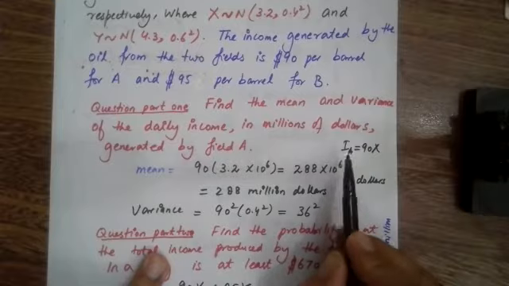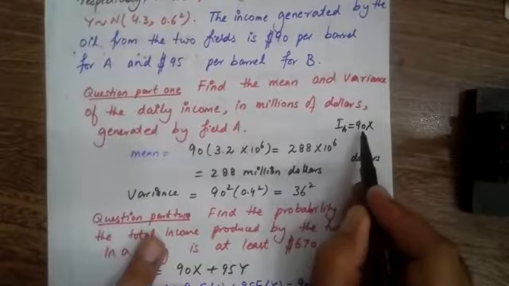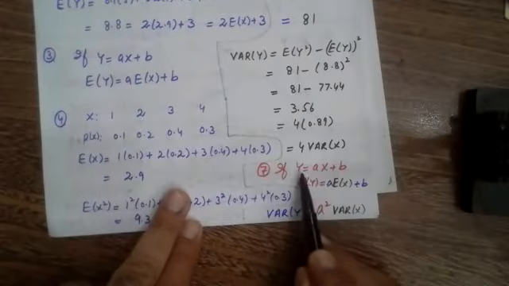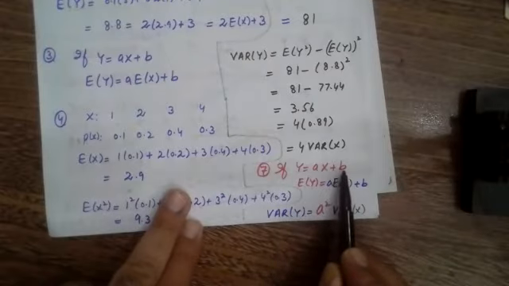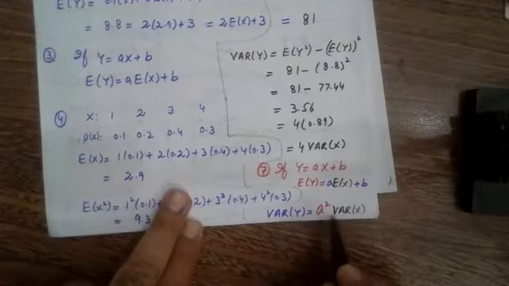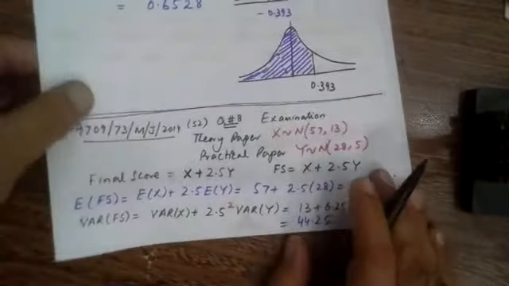So when you are calculating the variance of income from oil field A, you just square the 90, because you know from your knowledge that if Y is related to X like this, Y equals aX, you can assume b is 0, then the variance of Y is a square times the variance of X. So we are going to use this.